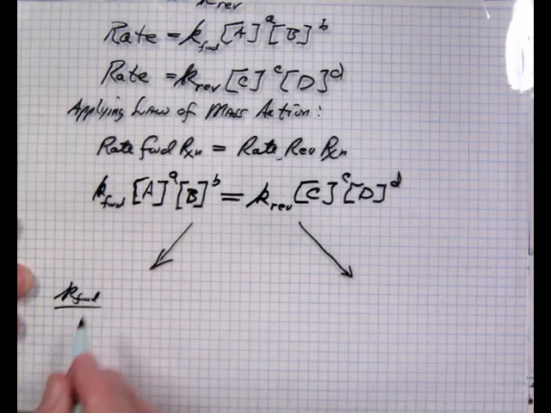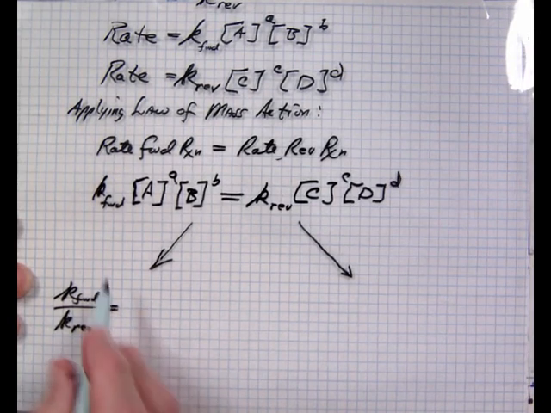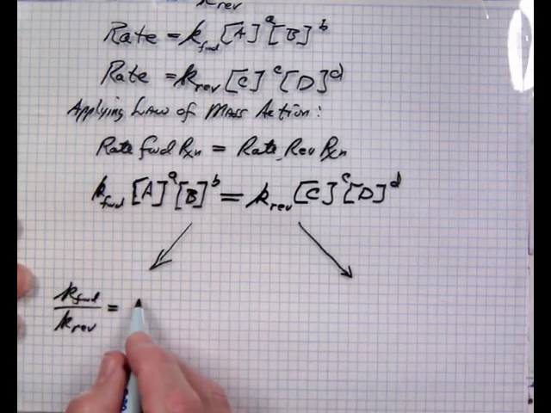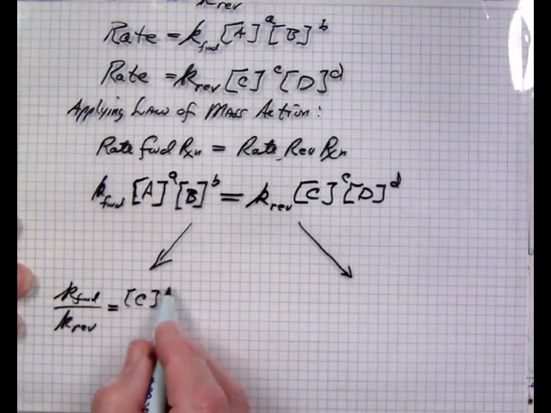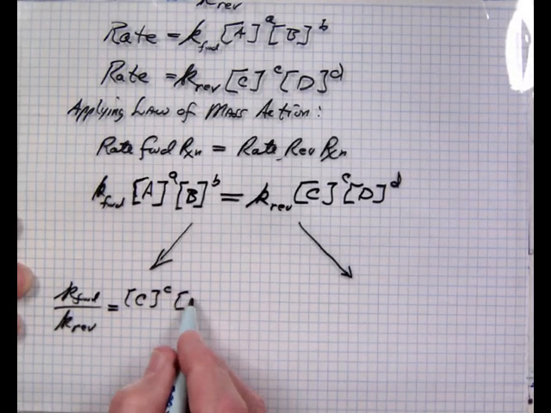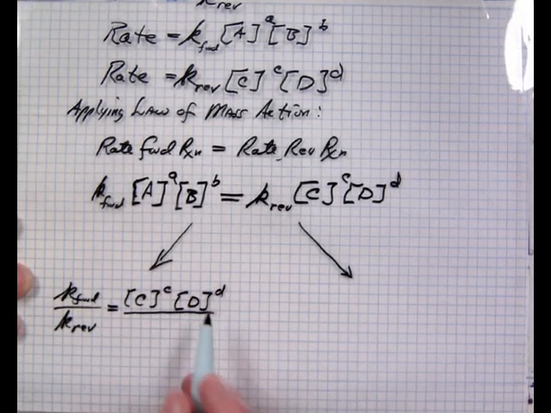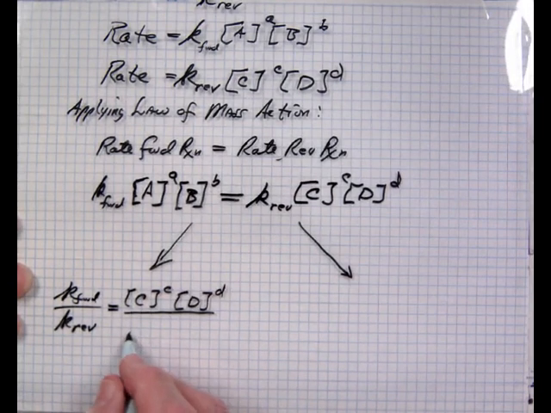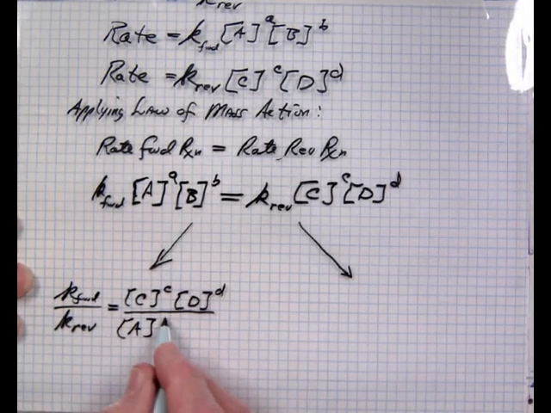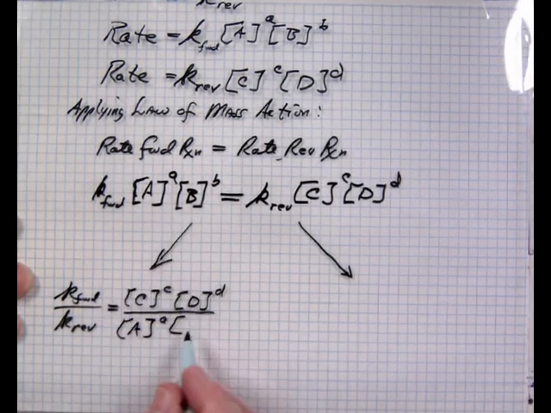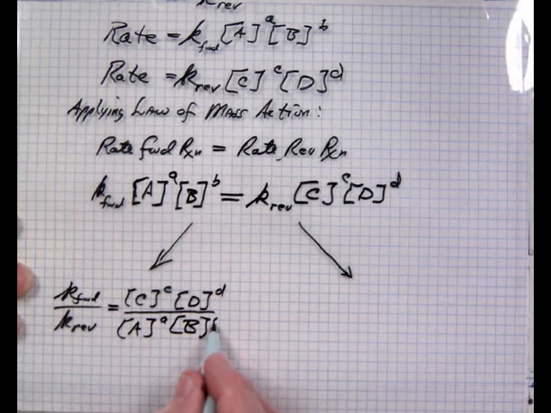K forward, K reverse. And the concentration of C raised to the C power times the concentration of D raised to the D power will be the numerator, divided by the concentration of A raised to the A power, again divided by the concentration of B raised to the B power.